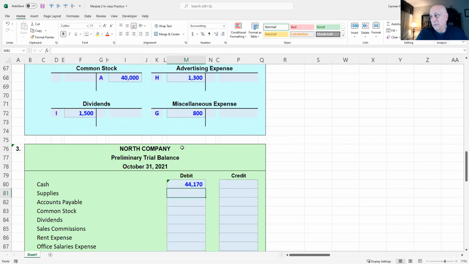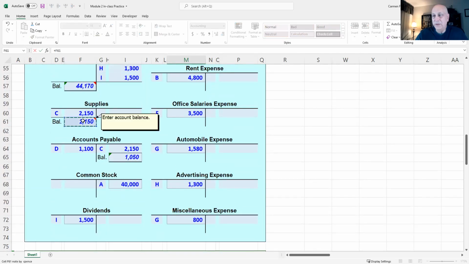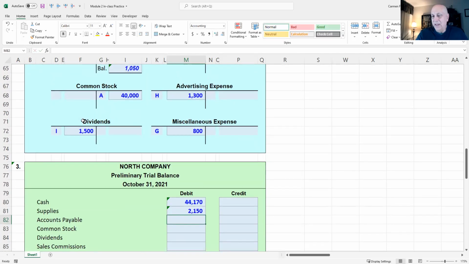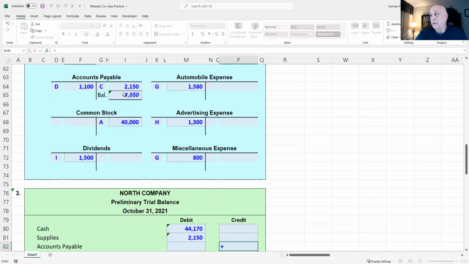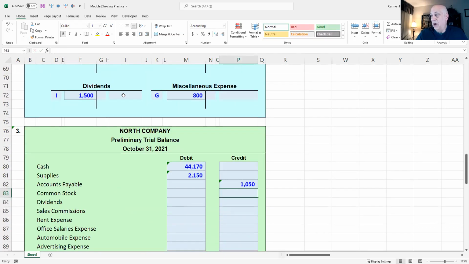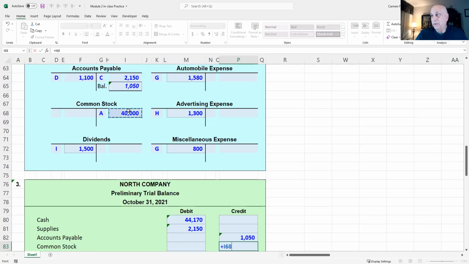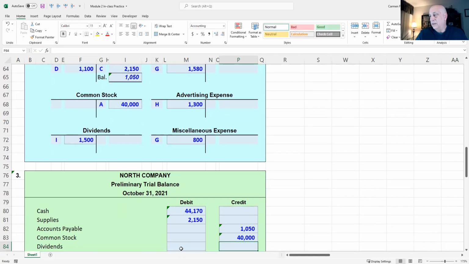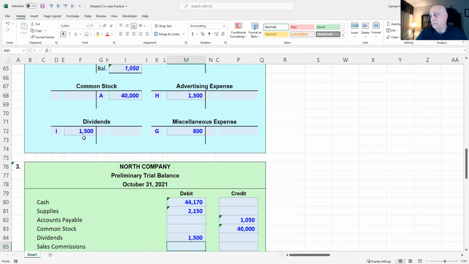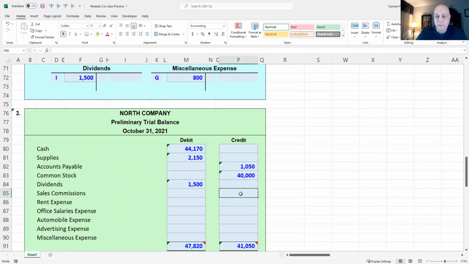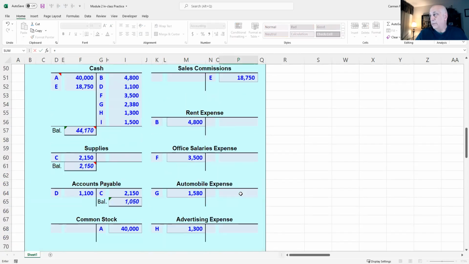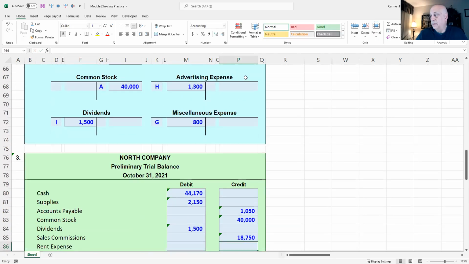Okay, so cash at $44,170, supplies has a balance of $2,150, accounts payable has a credit balance of $1,050, common stock has a credit balance of $40,000, dividends has a debit balance of $1,500, sales commissions has a credit balance of $18,750.